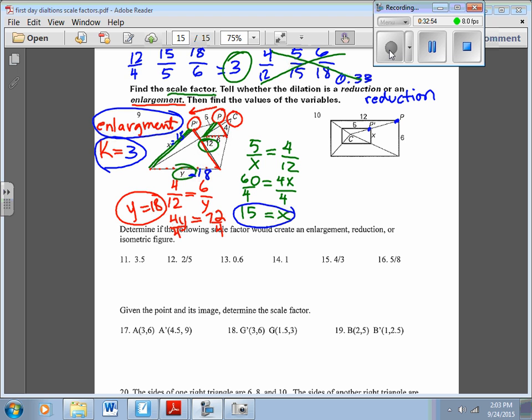Okay? Now sometimes the scale factors are not that easy though. Could we solve the problem for x pretty easily? Yeah. Daisy, what do you think we could set up to solve for x? All right, perfect.